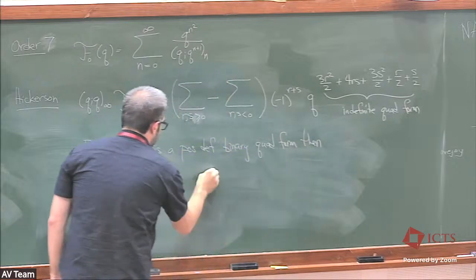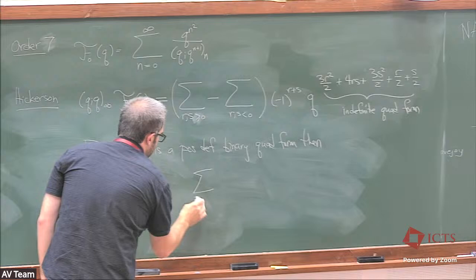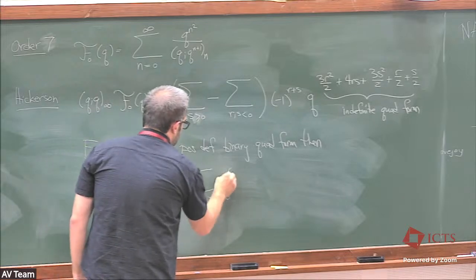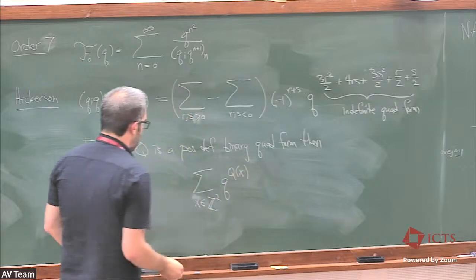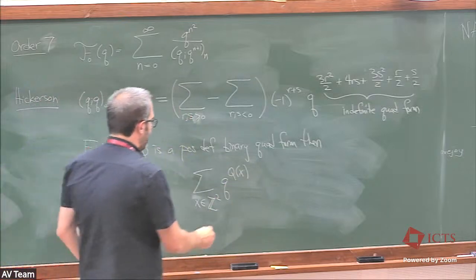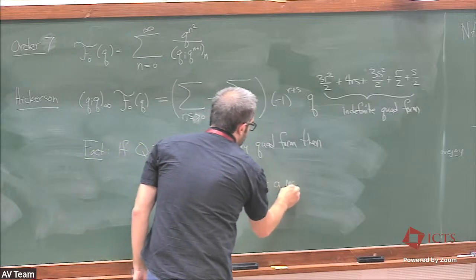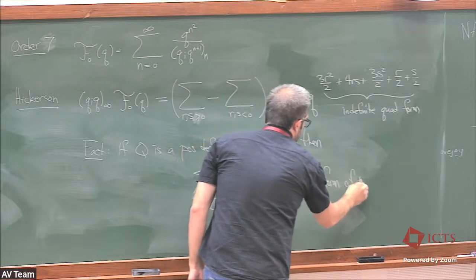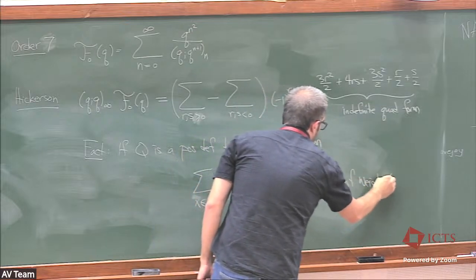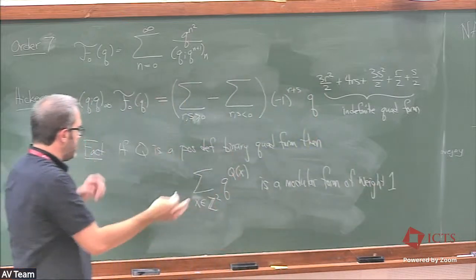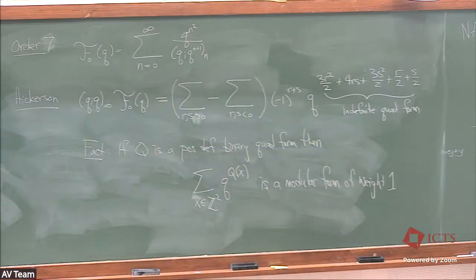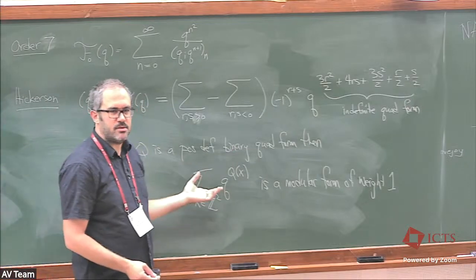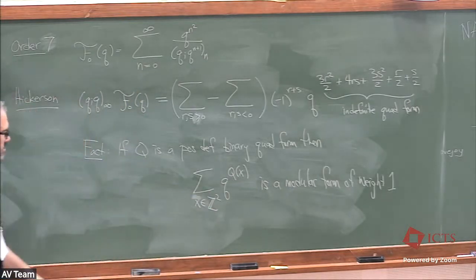then the sum over, let's say, x in Z^2 of q to the big Q of x, this function is a modular form of weight 1, for some congruence subgroup with some multiplier system, and there are formulas for computing what the congruence subgroup is and what the multiplier system is based on various invariants of the quadratic form.